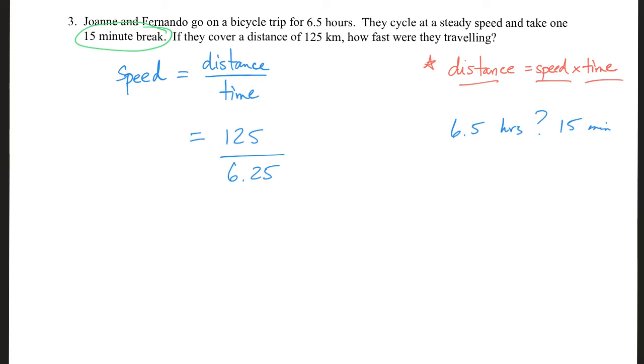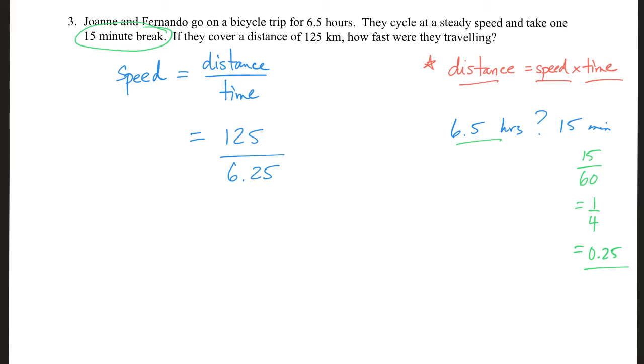If you consider how much of an hour is 15 minutes, 15 minutes out of 60 minutes is really 1/4 of an hour. You know when we talk about it's a quarter past, it's 1/4, it's 15 minutes. Well, then the quarter as a decimal is 0.25. And so if I take my 6.5 hours and subtract off my 0.25 for the 15-minute break, then I arrive at 6.25 hours.